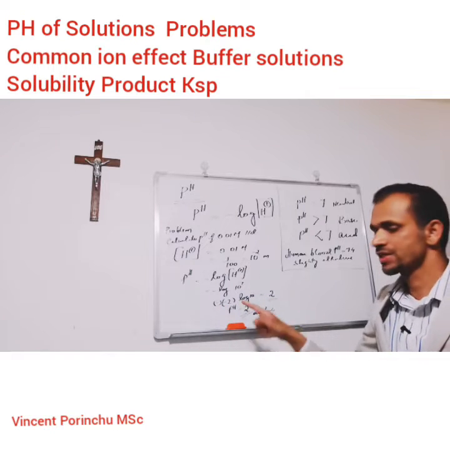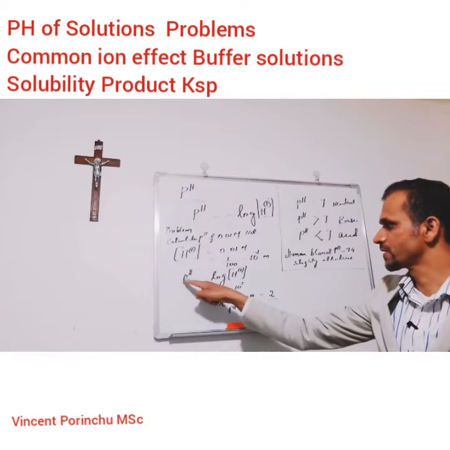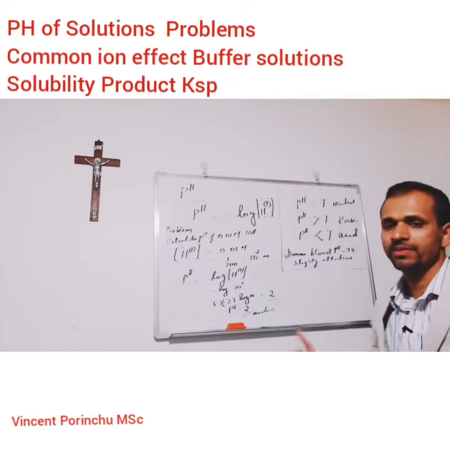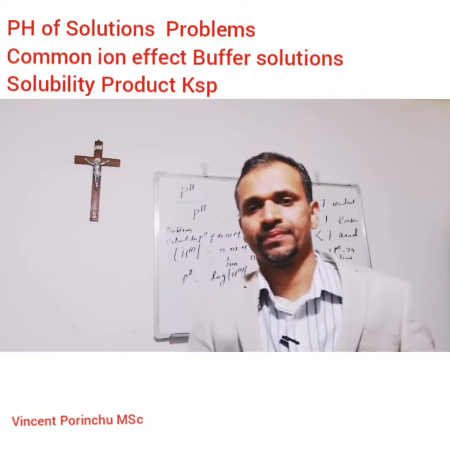We know log 10 is equal to 1, so minus of minus 2 is equal to 2. That means pH is equal to 2. That means the solution is acidic, strongly acidic.